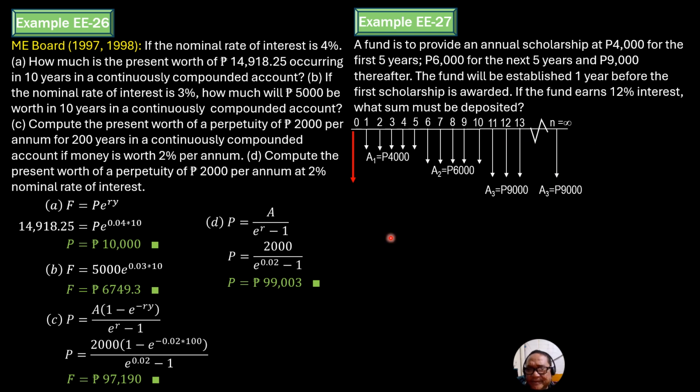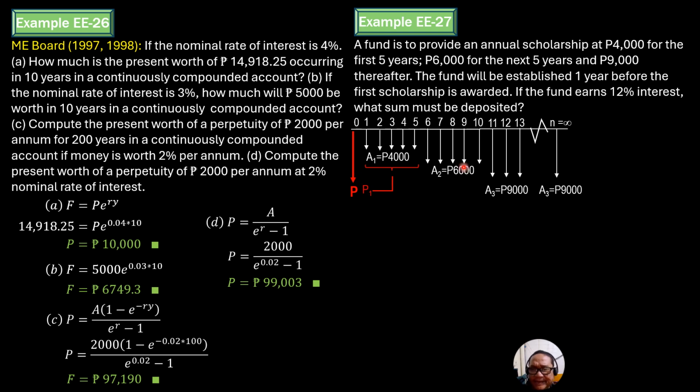So we just use the present worth formula, and if it occurs not at the present, then we divide that further by 1 plus i to the power n, where n is the distance from the present to where that single amount is calculated. So we have P here, and we can compute the present worth of this. We'll call that P1. That's already present.